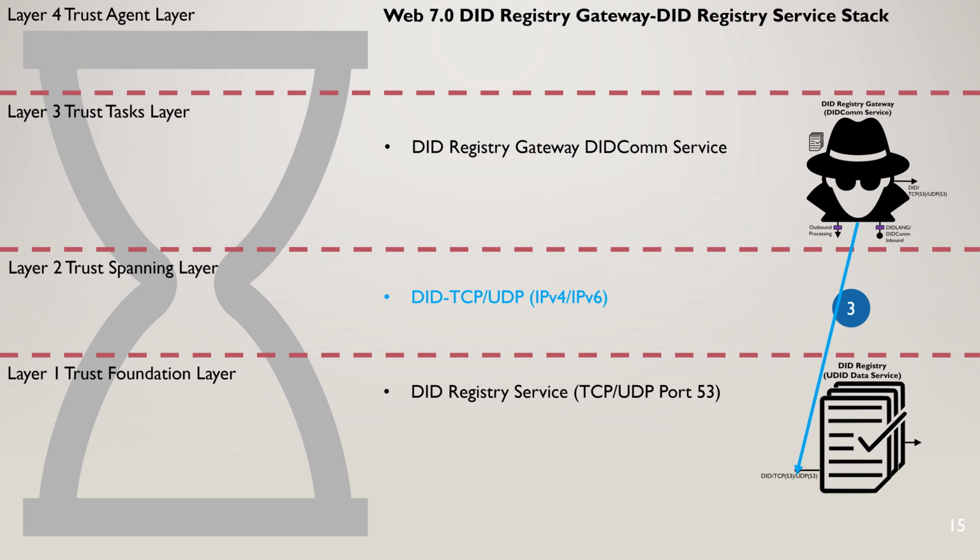So we classify this as an IPv4 protocol when we get to the SAM stack SLAM, but we're actually passing DIDs specifically over TCP or UDP between the DID registry and the DIDComm registry gateway.